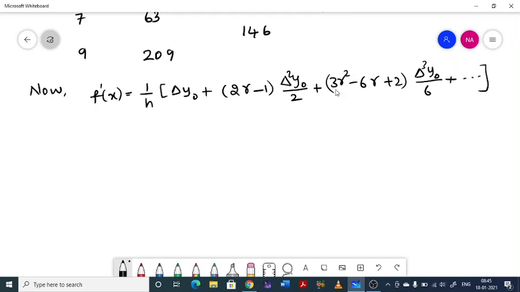So here substituting the values, we get f dash of x equal to 2 plus 2r minus 1 into 0 plus 3r square minus 6r plus 2 times of 8.